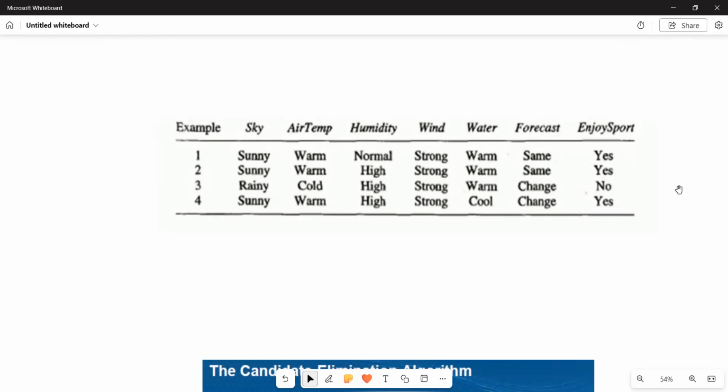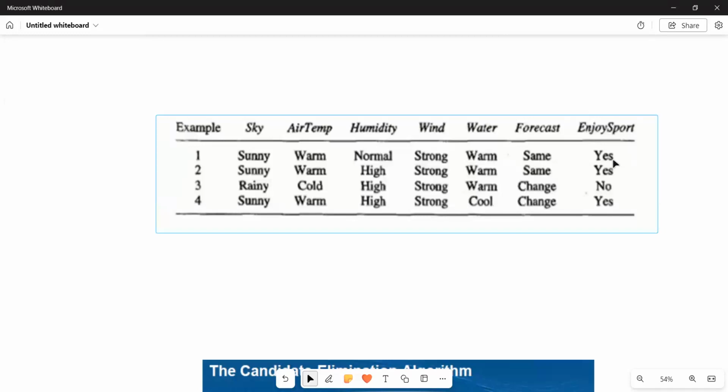What we're going to do is set the most specific and most generic boundaries. Because example one is a positive outcome here, when it is a positive outcome we'll go to the generic boundary and check whether it is consistent or not.